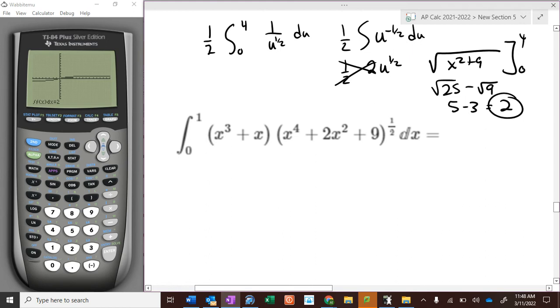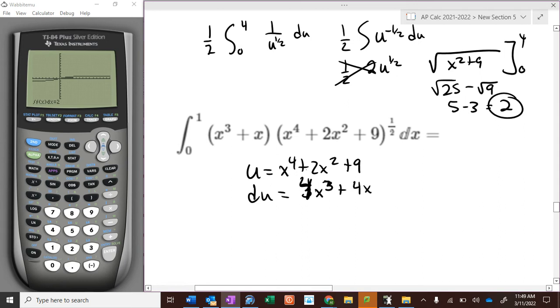On this one, you could graph this one too. I'm going to do U substitution while somebody graphs it, so you can be faster. U equals x to the fourth plus 2x squared plus 9. It should be faster to graph it. So du is 4x cubed plus 4x.